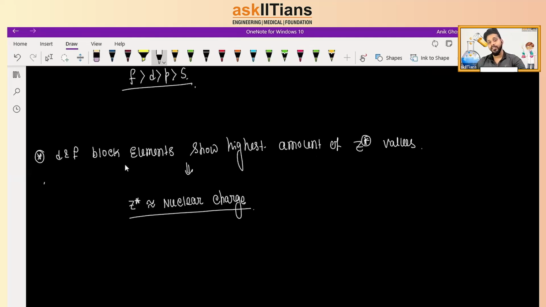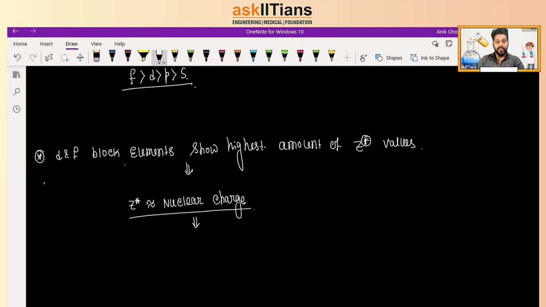If the nuclear charge is increasing, then what do we get to see, guys? We see that the electrons of the atoms face a lot of attraction power because the nuclear charge is increasing. That attraction power forces them to shrink. The atoms become smaller in size because of that, guys. Okay, so D and F block elements shrink down to smaller sizes because of the high Z star.